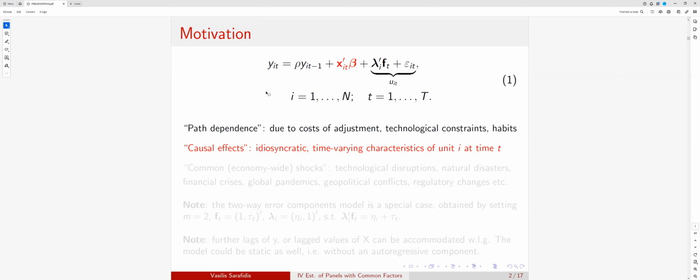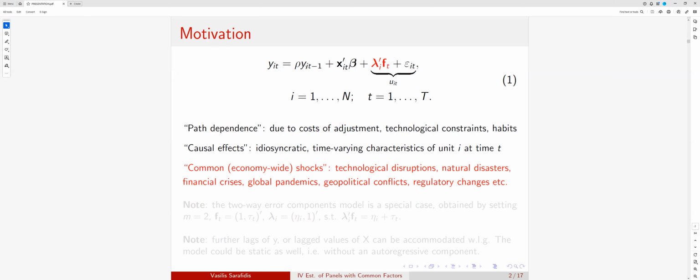As a simple example, suppose that we're interested in analyzing credit risk behavior among financial institutions. Therefore, y_it represents a measure of risk for bank i at time t, while the lagged dependent variable captures bank-specific risk vulnerabilities that build up over time.